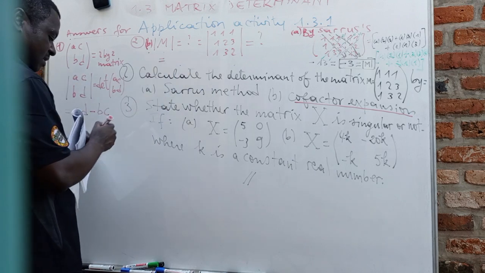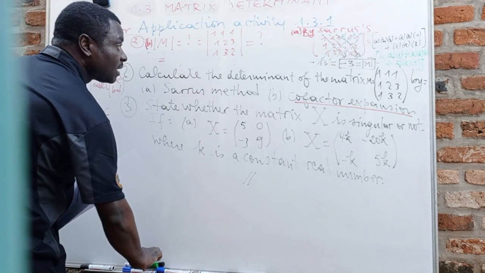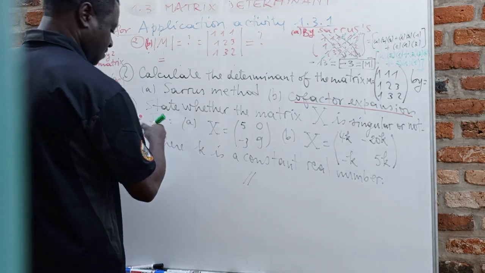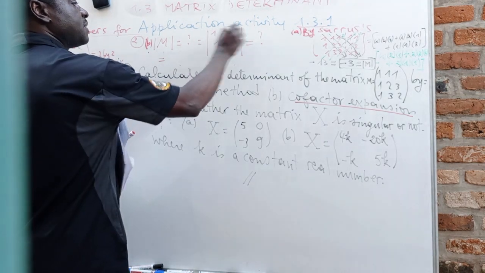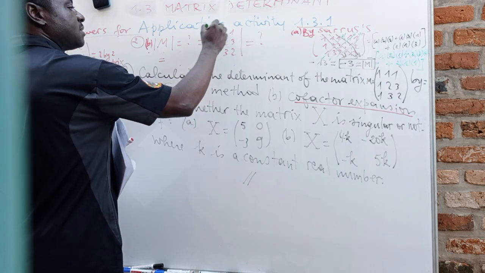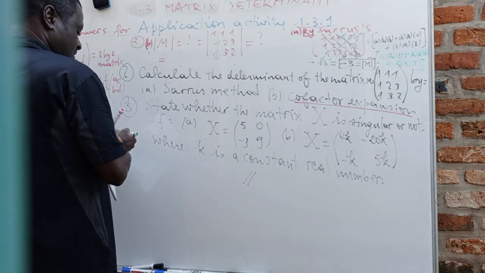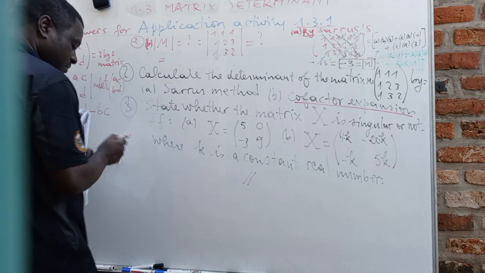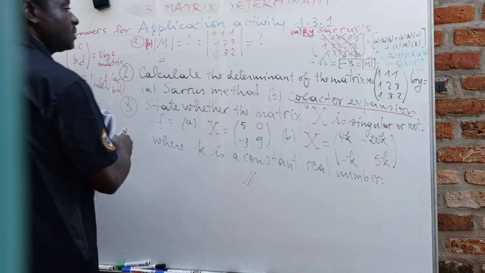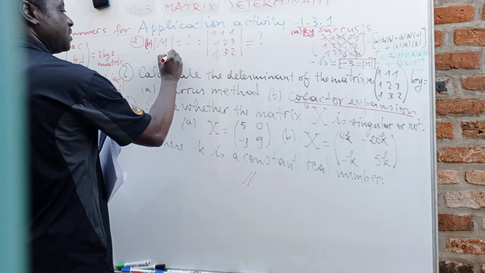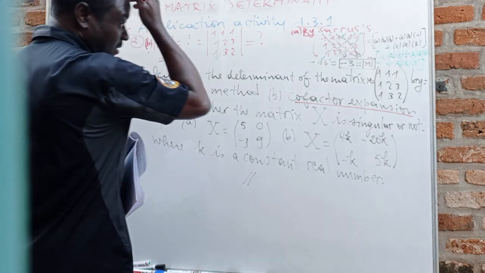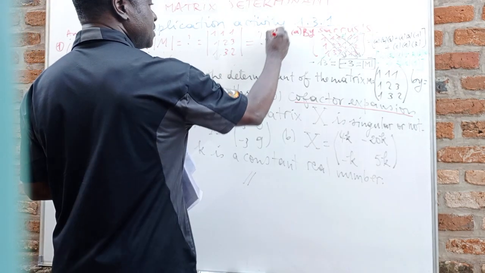So I can expand either by the first row or the first column. Let us take the first column, no problem. So this is the coefficient. Normally, how do we expand?